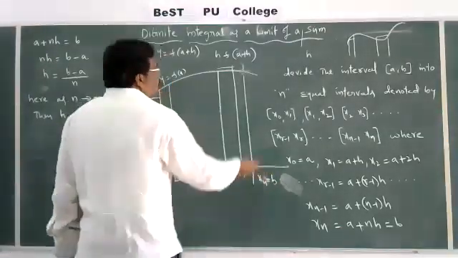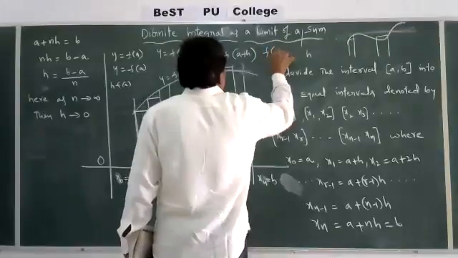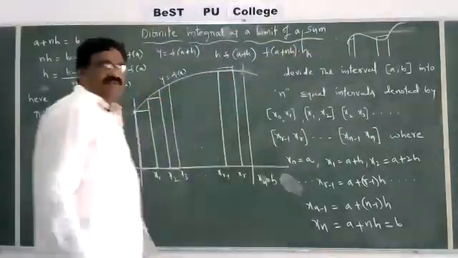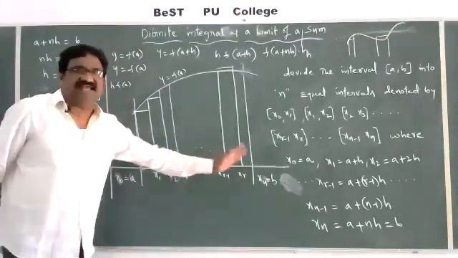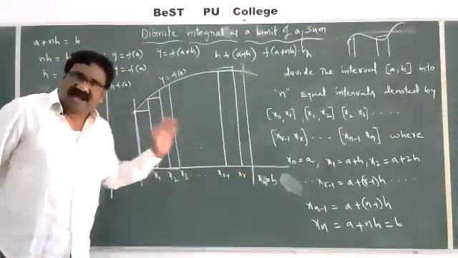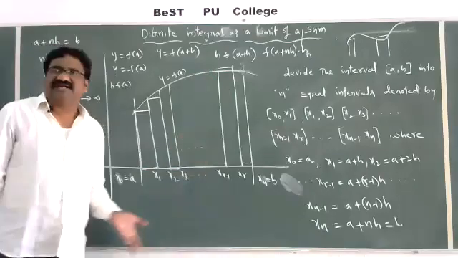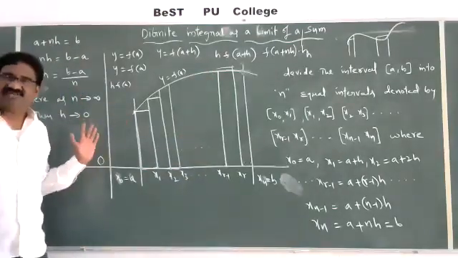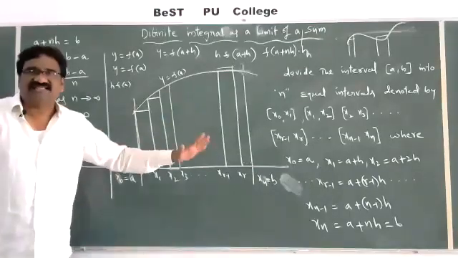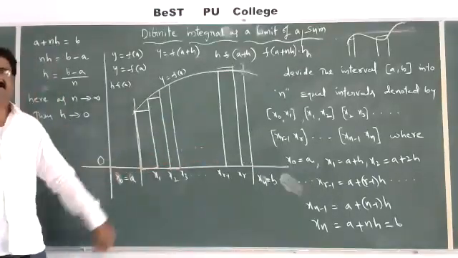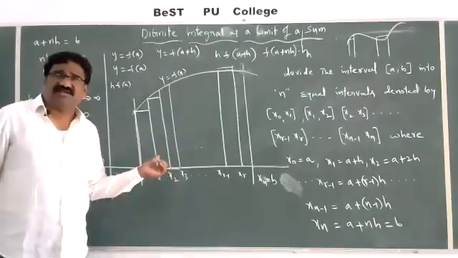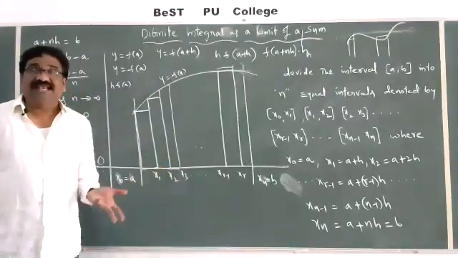At last, this area is f of a plus nh into h. Then adding all these areas, you get the area of the curve bounded between x is equal to a and x is equal to b and the x-axis. So how many equal intervals? We don't know. N equal intervals.